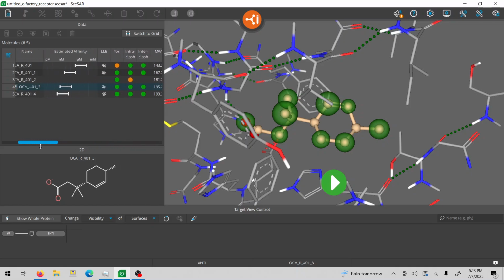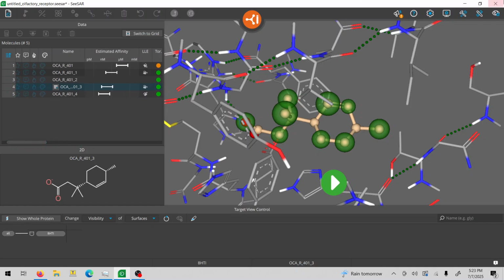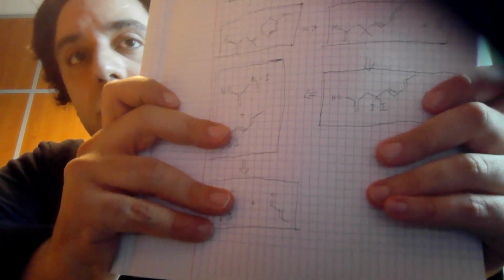So how would you go about synthesizing this? Let me pause for a moment. Here you can see an example of what it could be.